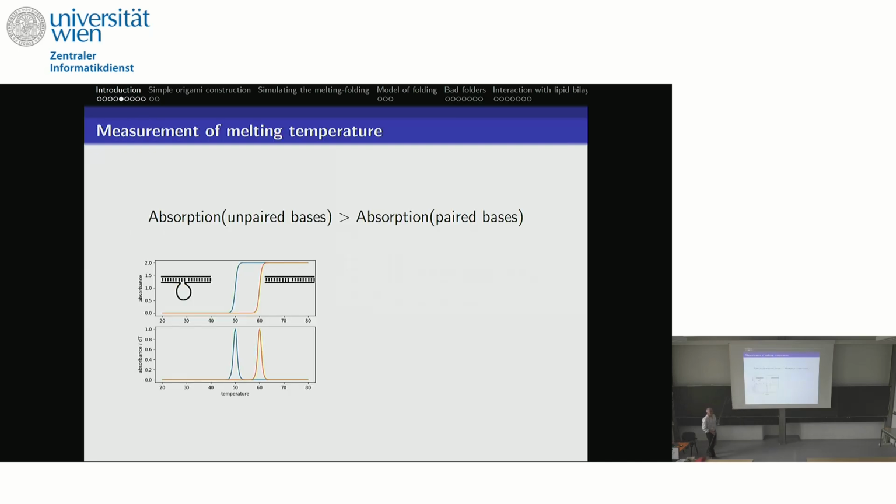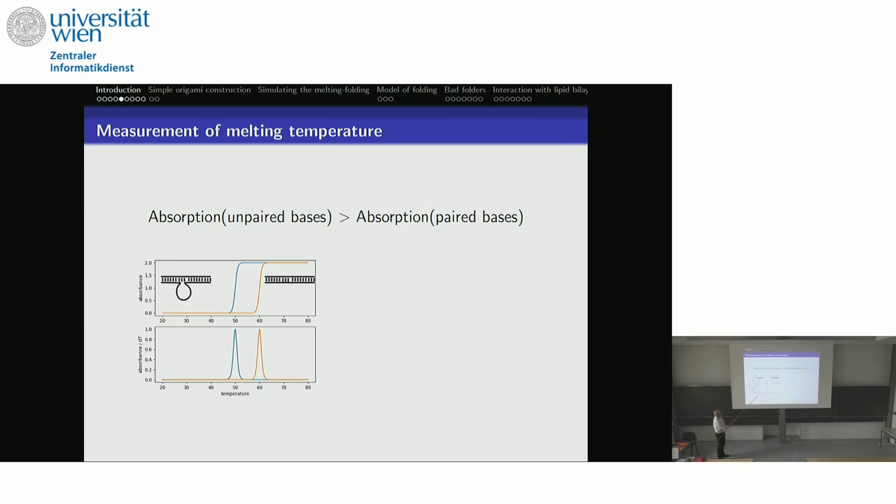Okay, so to describe the folding, I'm going to use a very simple method, which is UV absorption. Just a quick reminder: everything is based on the fact that absorption of unpaired bases is higher than the absorption of paired bases. So if this is temperature and you have this double helix, if you follow the orange curve, when you heat the structure, you expect it to unfold, so the absorption is going to increase.